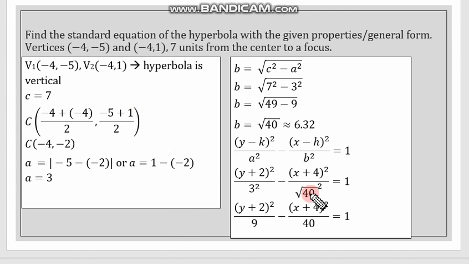So, the vertices are at x = -4. On the coordinate plane, let's say this is vertex 1 at (-4, -5), and vertex 2 is at (-4, 1).